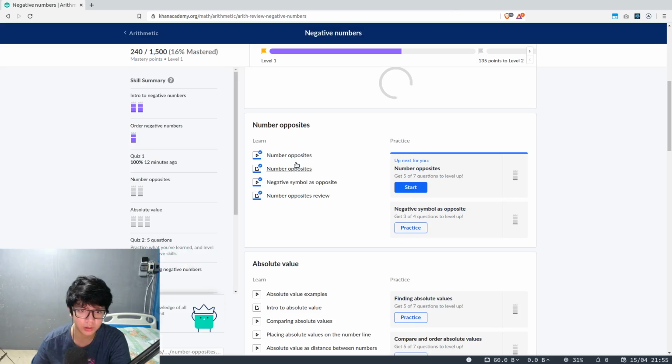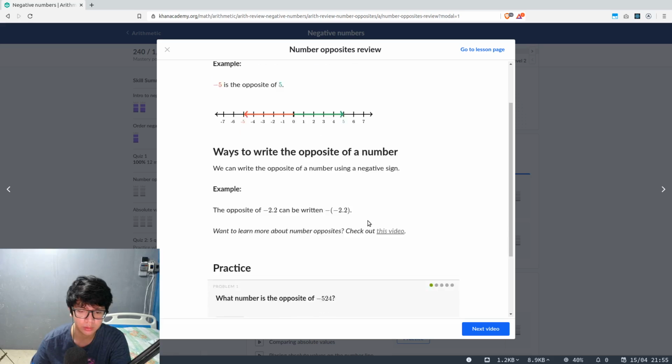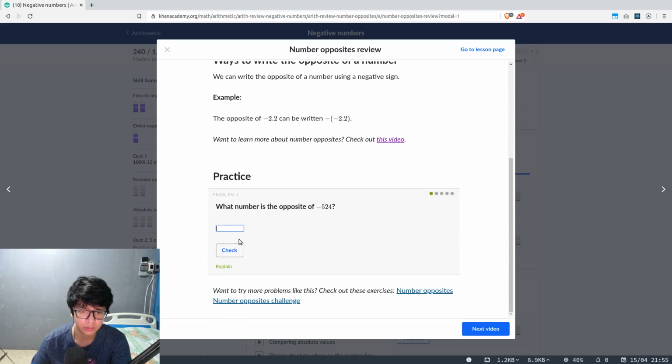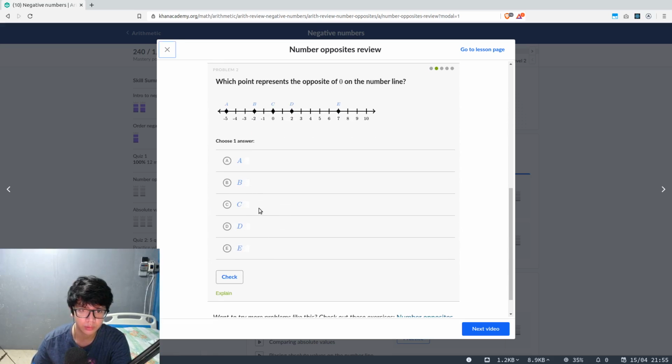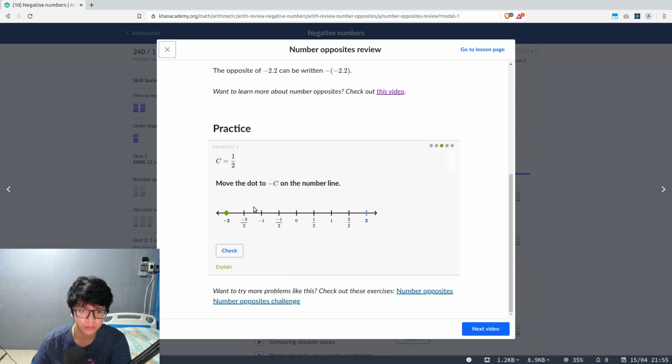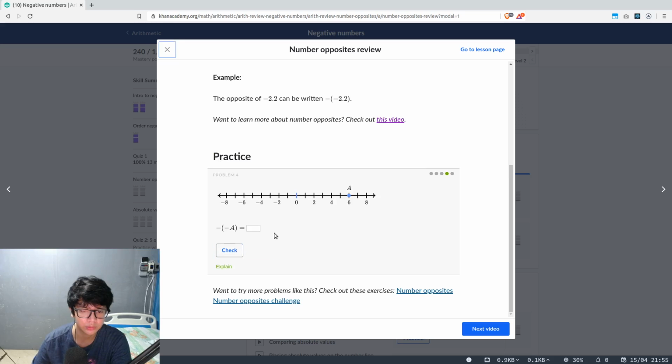Whoa, whoa, whoa. What the heck happened? Yo. Move the dot to negative C. Where? Practice.